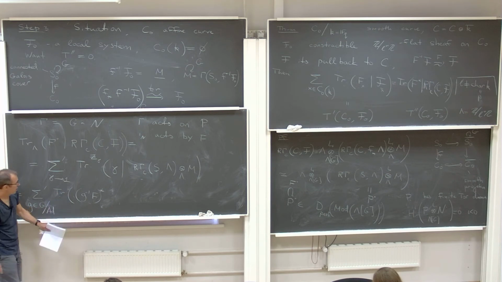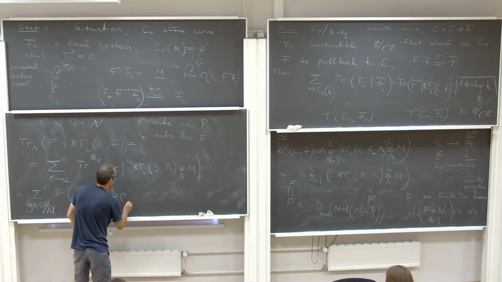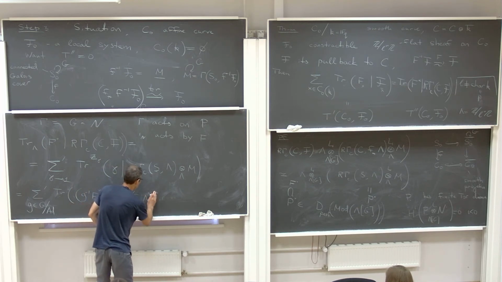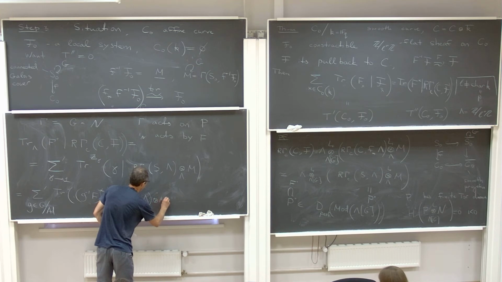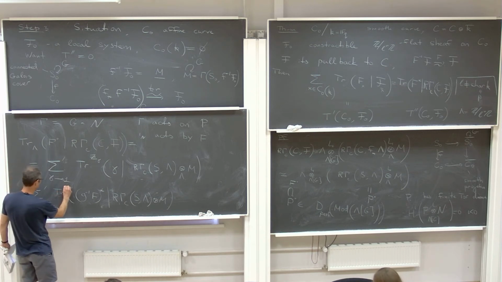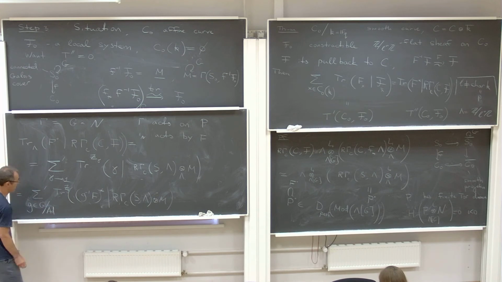So I look at the action of R gamma, C lambda tensored with M. That's the action of my gamma. And here I have a centralizer, the group of all elements that commute with G. All right?